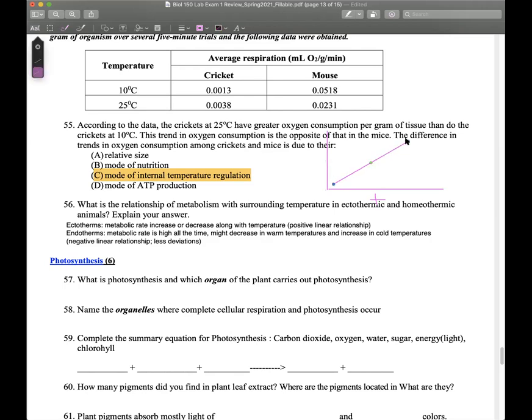So that would be positive linear. If you reversed your x-axis, then I guess it would be a negative relationship. Or if you started at a hot temperature and then decreased the temperature steadily, the metabolism or respiration rate would also decrease along with temperature. Right, so the second one is kind of what I was thinking. So if it was high and went to low, that's negative, right?